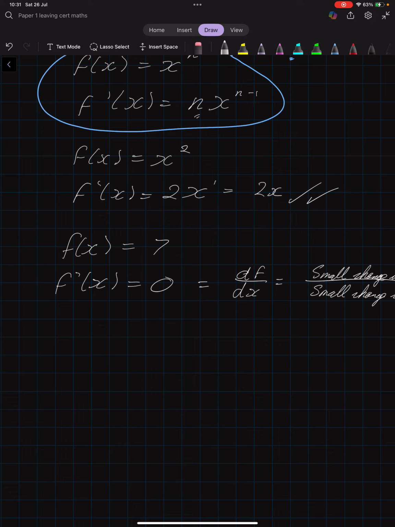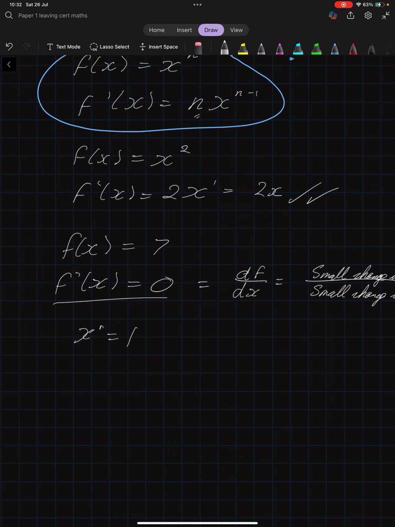And therefore, if you ask for the slope, slope is the rate of change. It's saying how fast is it changing? Well, it doesn't change. And therefore, the slope is just 0. Okay? And just remember, x to the power of 0 equals 1. So if you differentiate a constant, that's just something that doesn't depend on x. Like 7, 2, 10, 3, whatever.